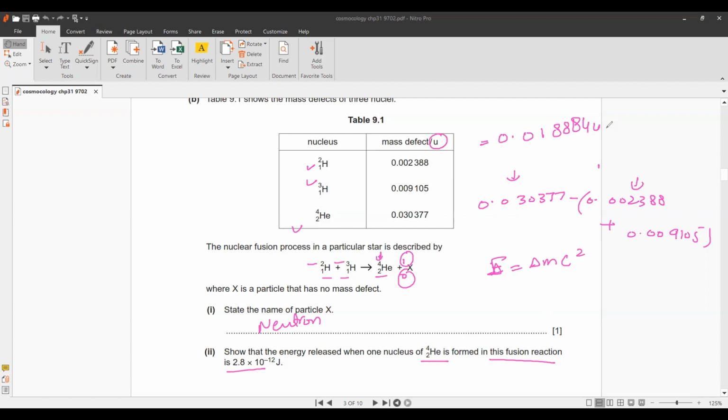Let's convert it into kilograms right here. Multiply it with 1.67 into 10 raised to power minus 27 kilograms. So that we could directly put it in this equation without wasting any more time.